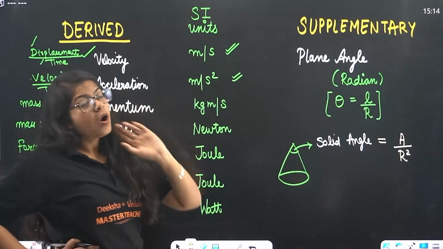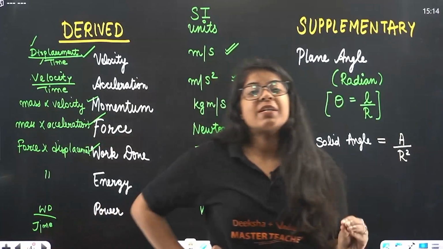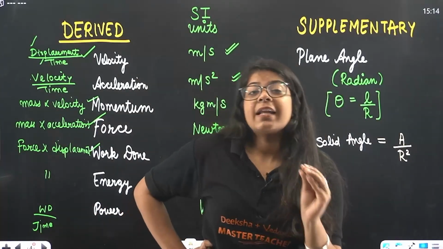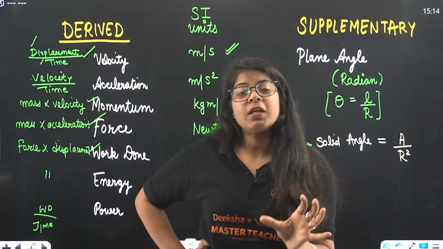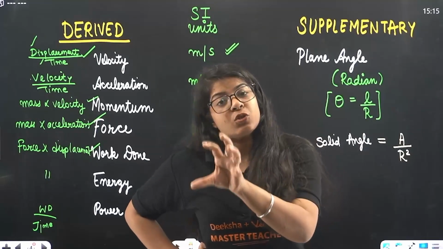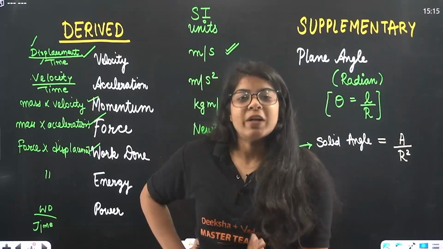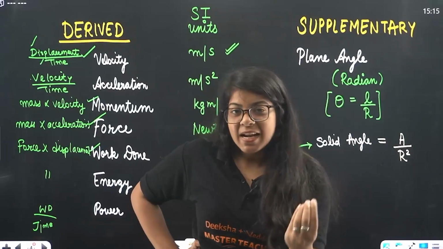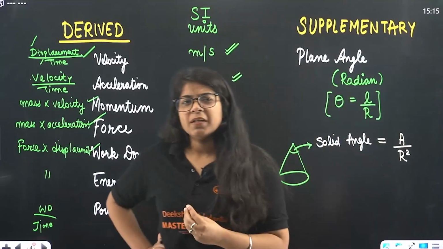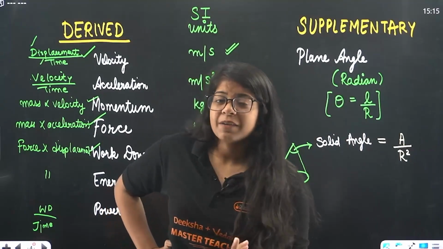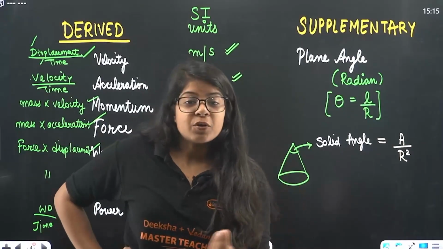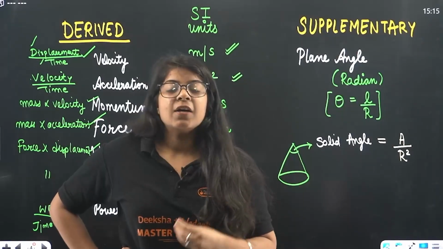So all the fundamental quantities have specific units, but derived quantities also have units, and those units are derived from the units of fundamental quantities. Understand? It can be a little bit hard if you say, but it's very beautiful. You'll understand slowly.